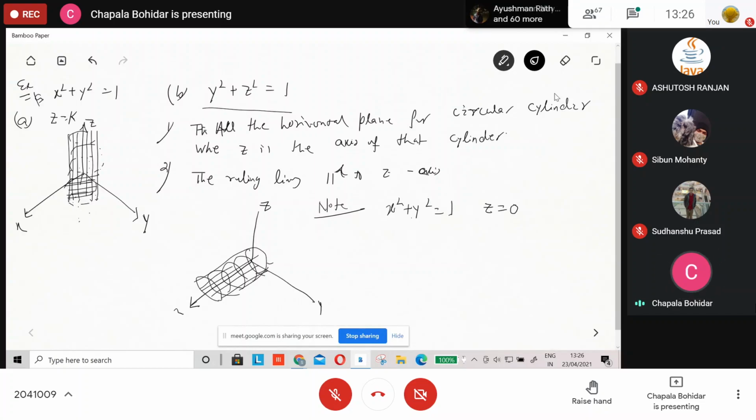Similarly, here the trace of this cylinder is in which plane? The trace of this cylinder is a circle. That is in which plane? It is XY plane. And the trace here is in the YZ plane, x is equal to 0.